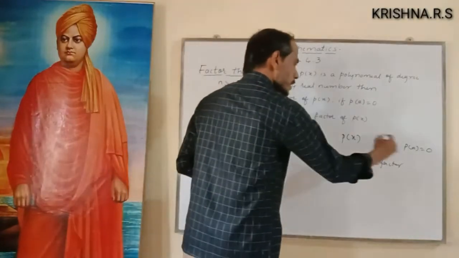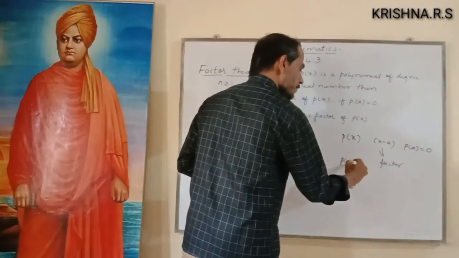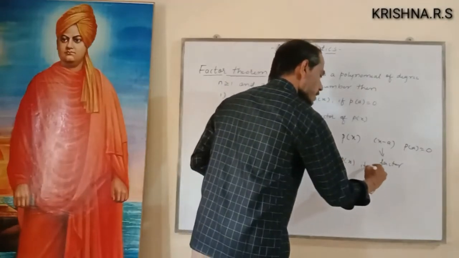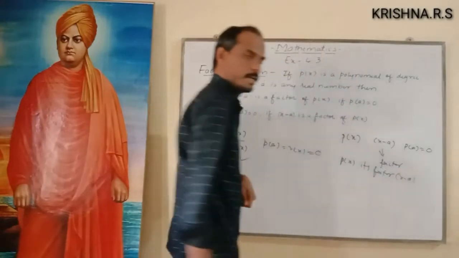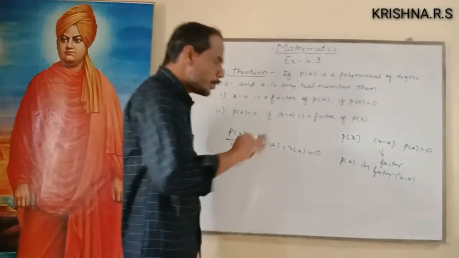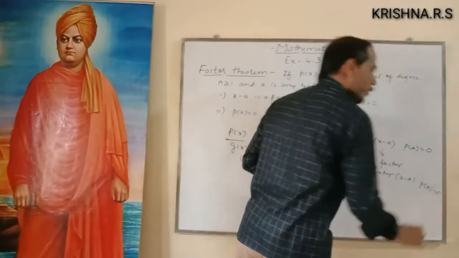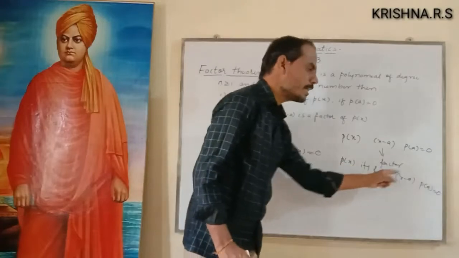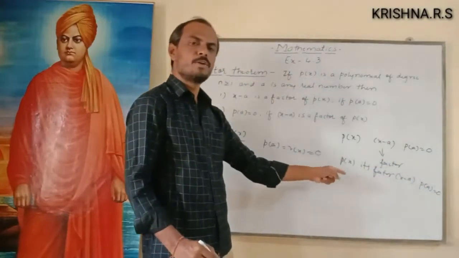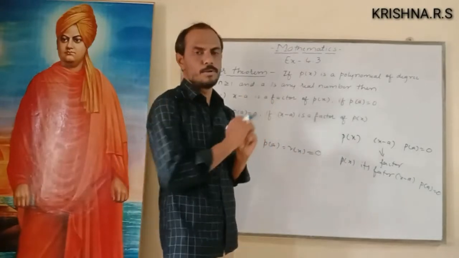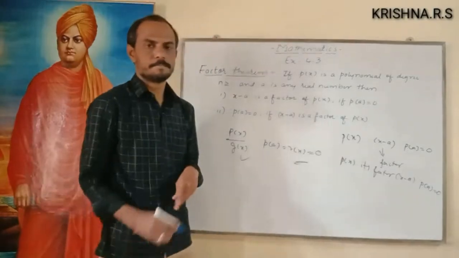Suppose the factor of p of x is x minus a, no doubt at all, p of a equal to 0 will be obtained. If it is a factor, the remainder is 0. If the remainder is 0, the given polynomial is a factor of the polynomial. I hope you understood this, the factor theorem.